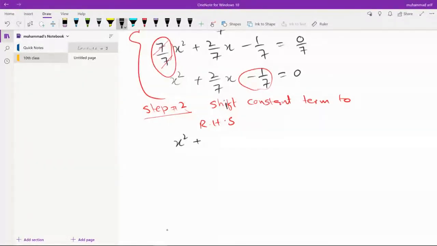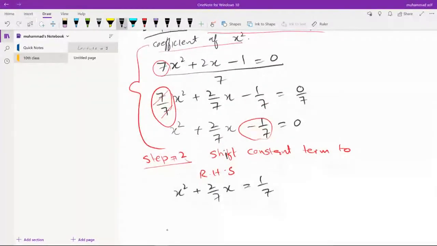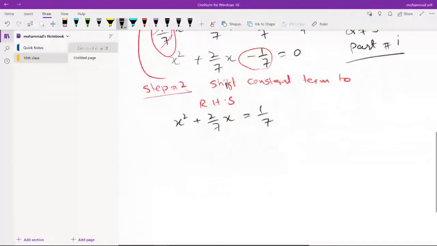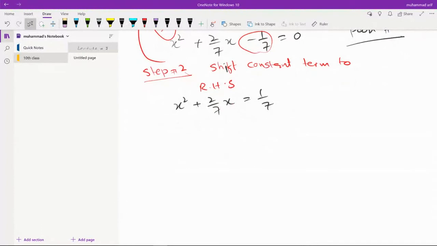So x square plus 2 by 7 x equals to 1 by 7. Is it clear to everyone? Step number 2. Okay, now step number 3.